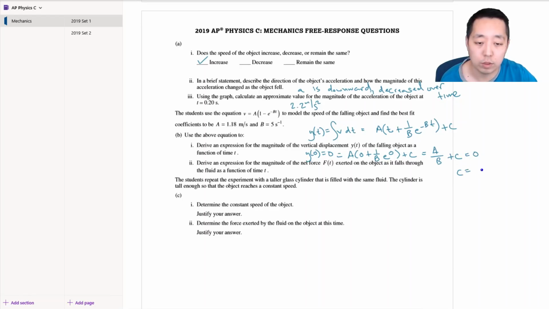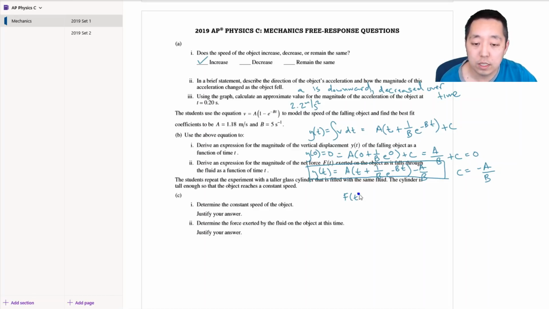So c would equal negative a over b, and so y of t would then equal a times t plus 1 over b e to the negative bt minus a over b. If they really wanted you to put in numbers for all of those, that would be kind of annoying, but you could. That's the general expression.